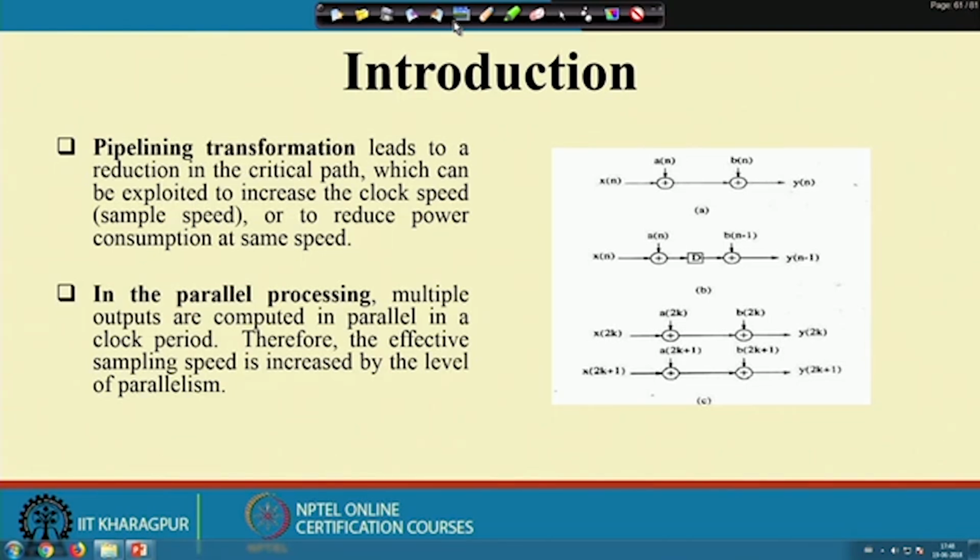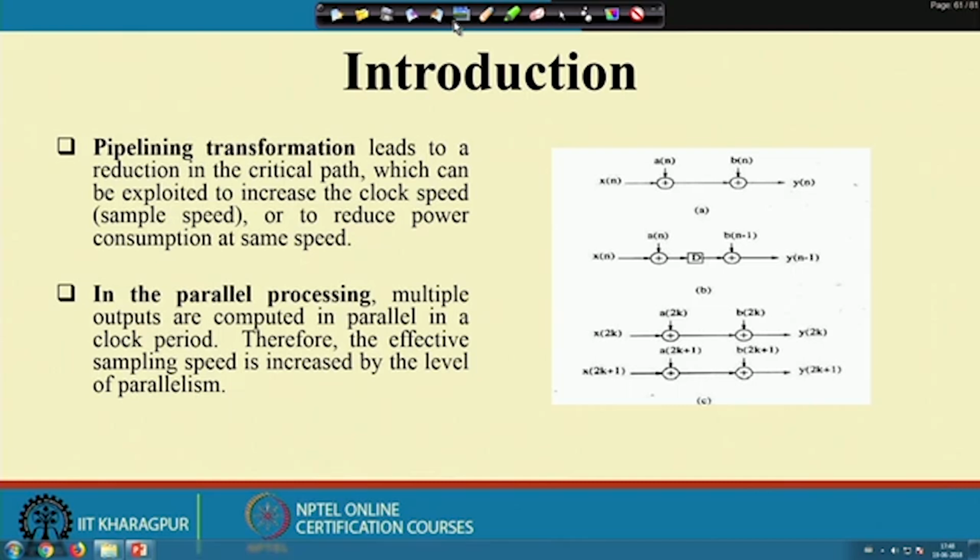After applying the input, after how many clock cycles I get the output, that number is the latency for that particular circuit.